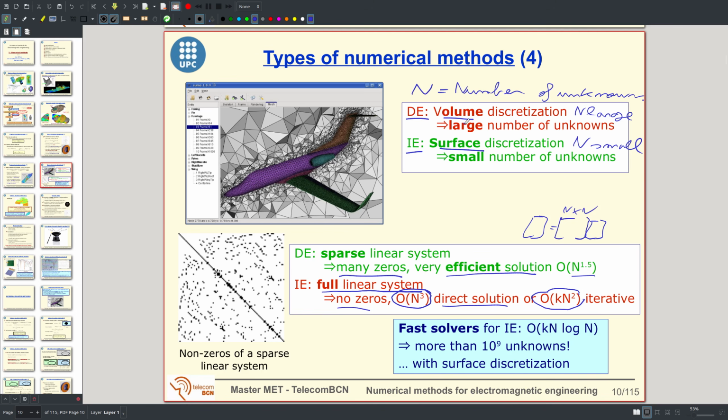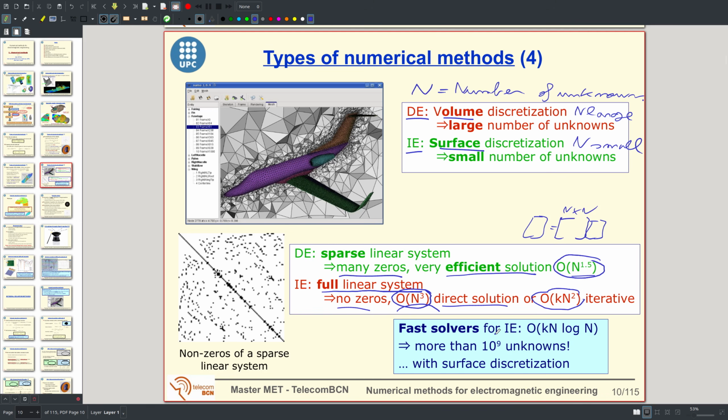Differential equation methods produce a linear system with n large, but then you can solve the system with a small power of n operations. In integral equations you get a smaller n because you have only surface discretization, but the power of n is larger, n to 3 or, let's say, n to 2.5 operations to solve it.